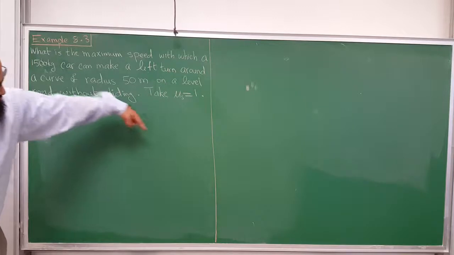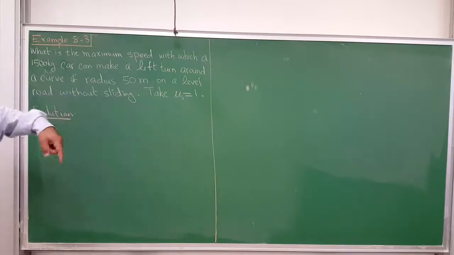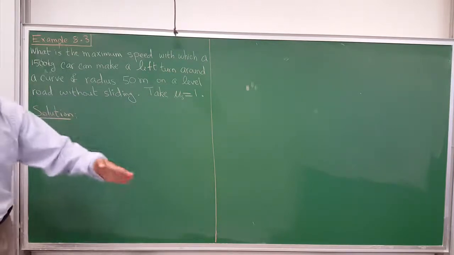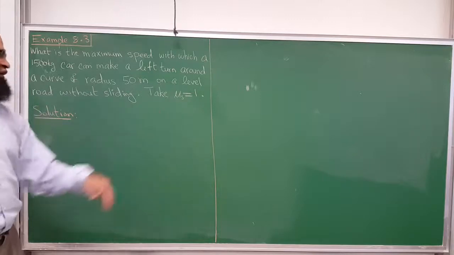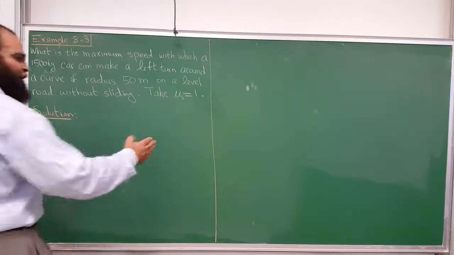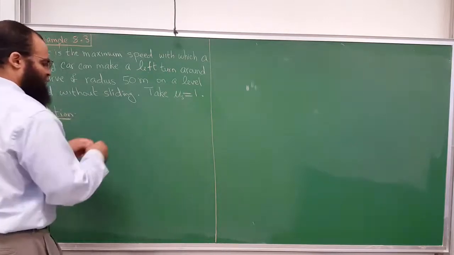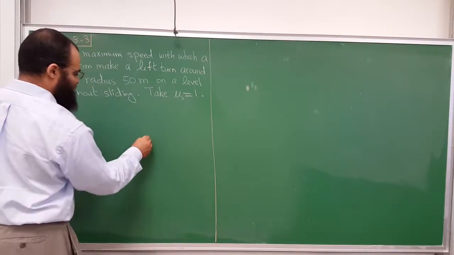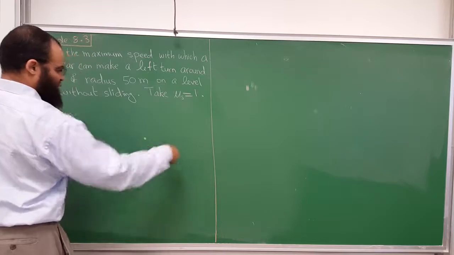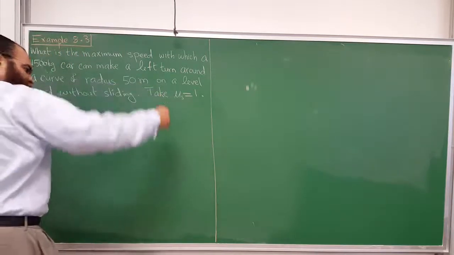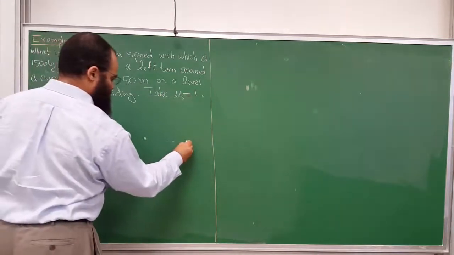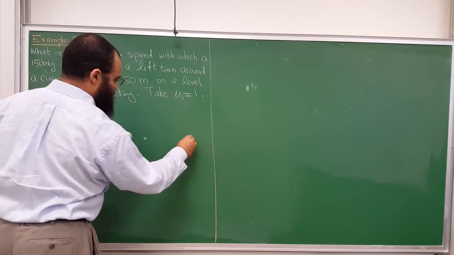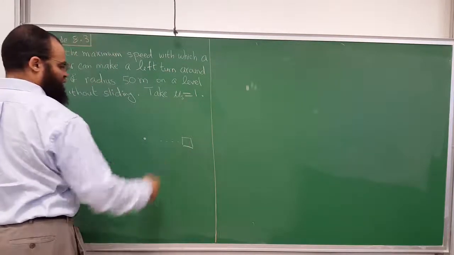So let's imagine here's a car and it's going around like this. It's about to make a left turn. So let's say the car is here and trying to make the left turn. So let us for once draw the car in here. It doesn't matter. So the circle is going like this, all right? And here is the car, and the car is going into the page.